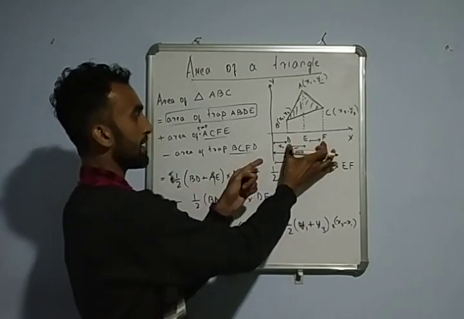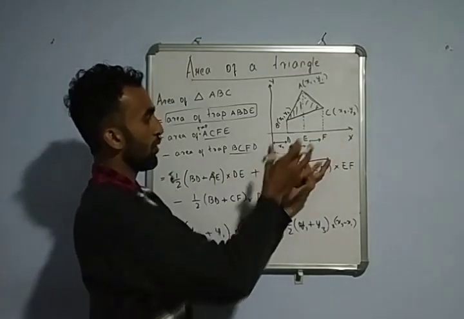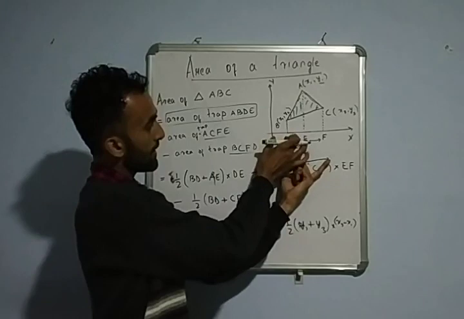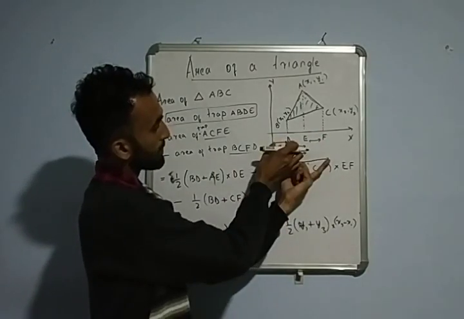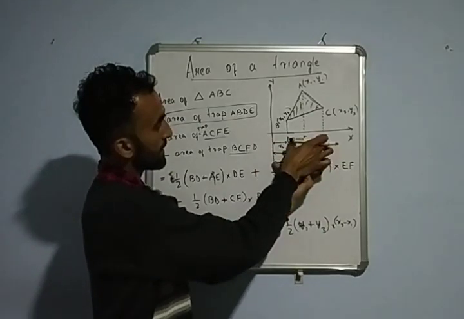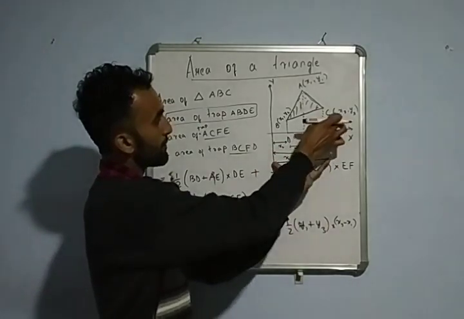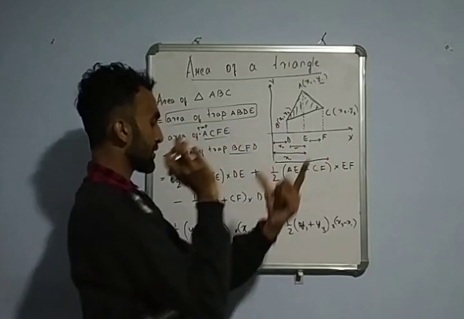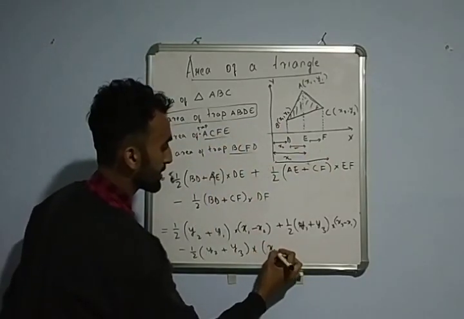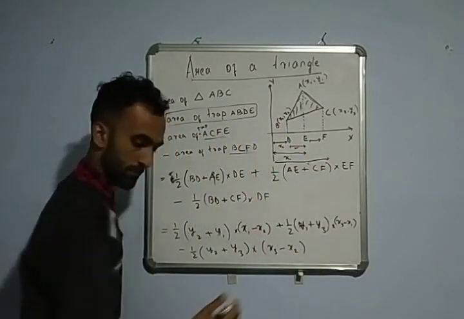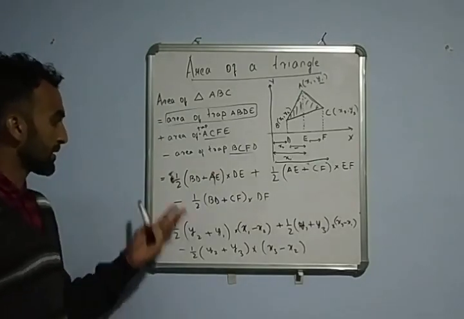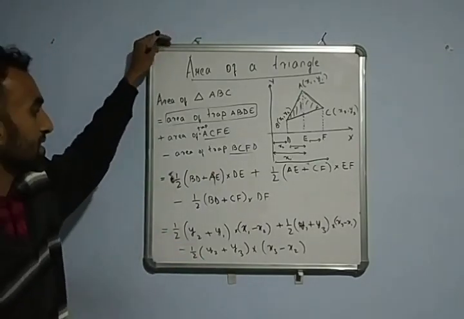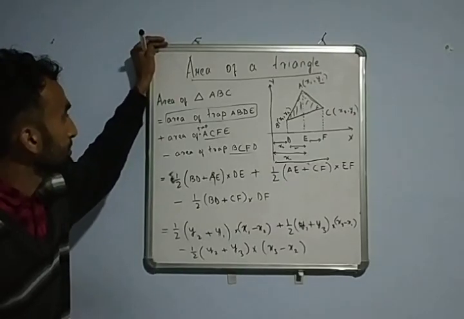In order to get DF, from the whole I have to subtract this, then only I'll get this. Whole is nothing but x3. I have to subtract x2. X3 minus x2. Check very carefully. Now the rest is just, we have to arrange a little bit. We'll get the answer.